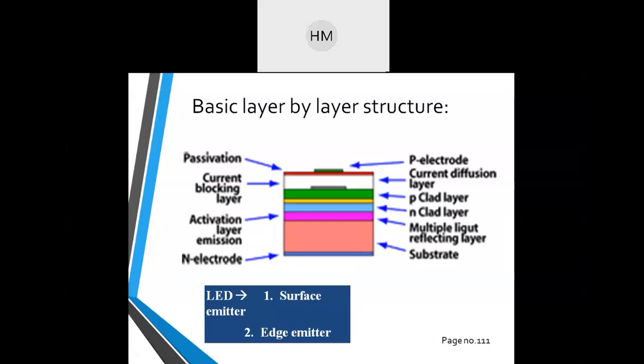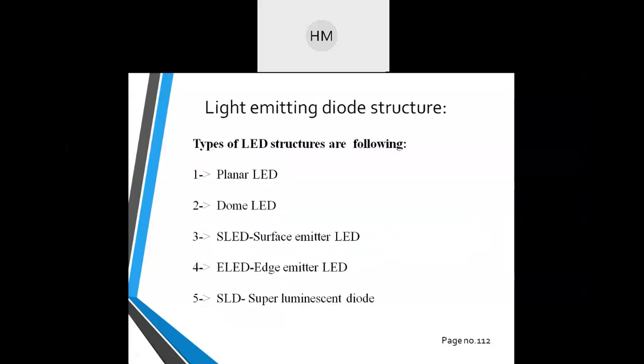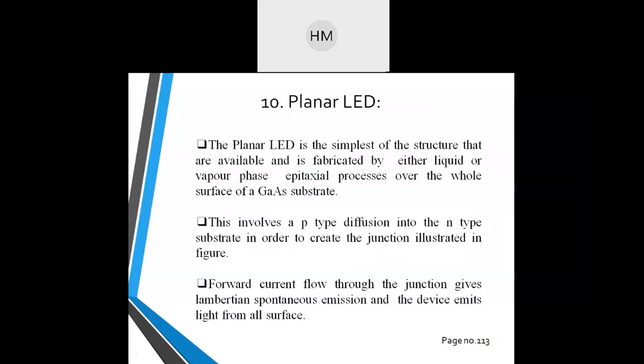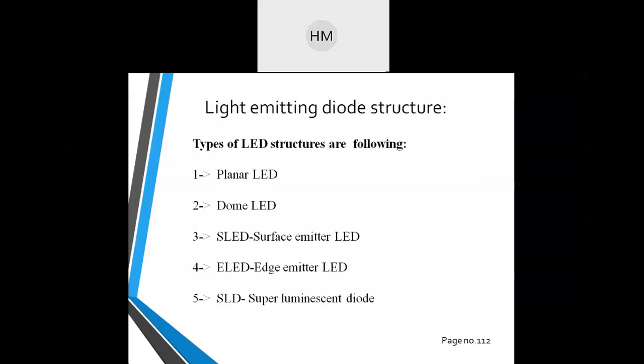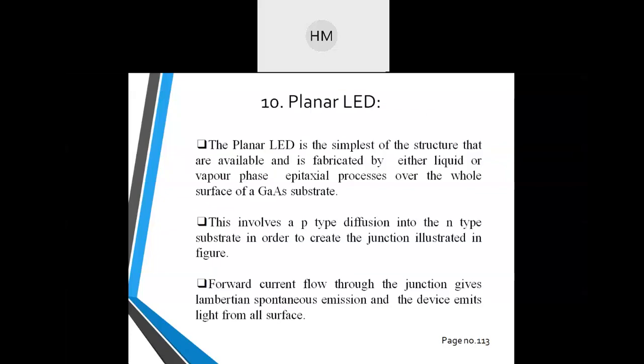And this is the layer by layer structure of LED. Now we will discuss different structures. Planar LED. So how are these classified? These are classified depending on the materials which we are using, depending upon the shape, depending upon the technique of fabrication. So first is a planar LED, the very basic LED.